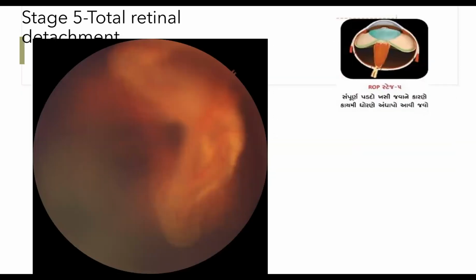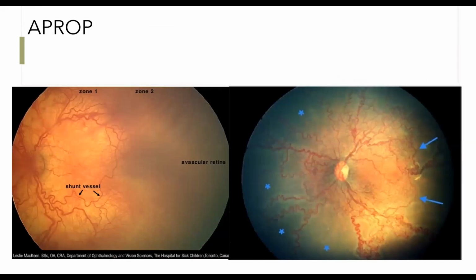Okay. So now one important thing which we need to know, being a neonatologist, is key: as the number of babies surviving with lesser weight and lesser gestational age is increasing, the disease has changed its pattern.